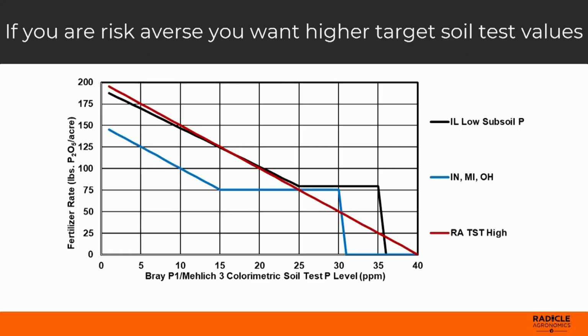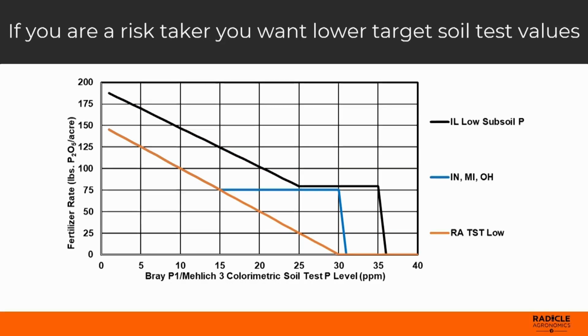So if I'm risk averse, then I would make my target soil test be 25 parts per million. Now, when I get there, what am I doing? I'm applying crop removal. So if I have a risk of a crop response if I don't apply fertilizer, I'm applying fertilizer. I don't have any risk, right?